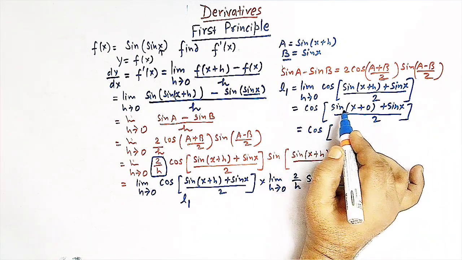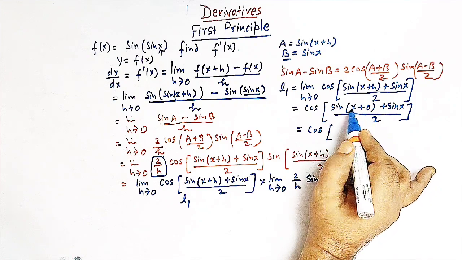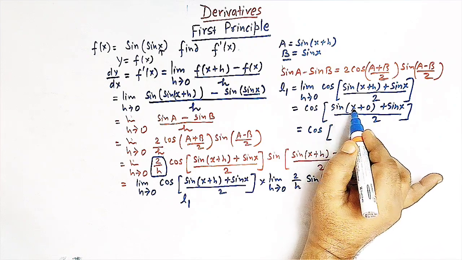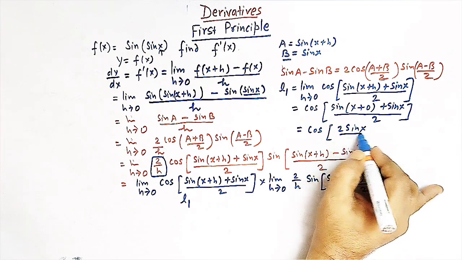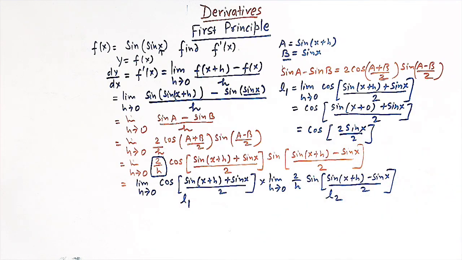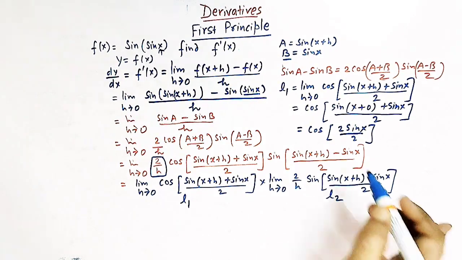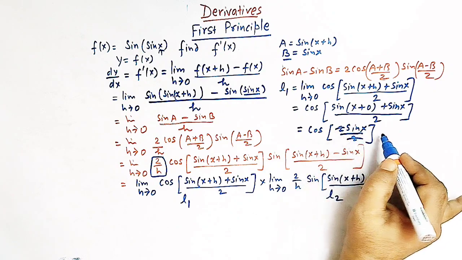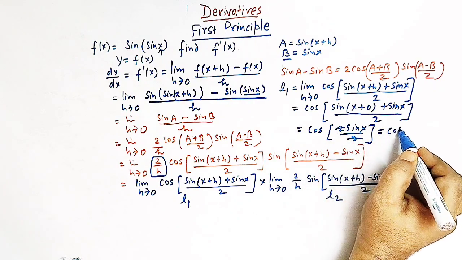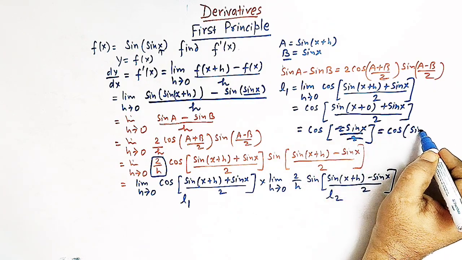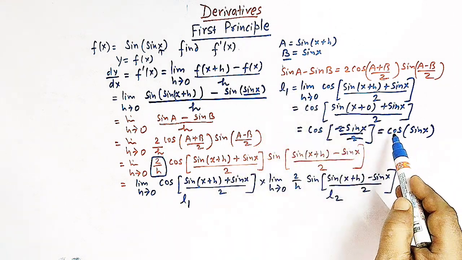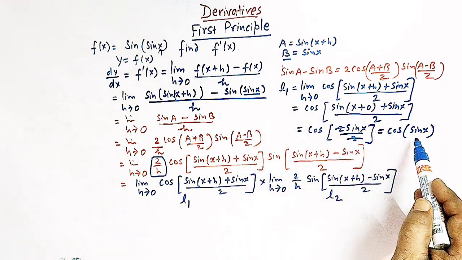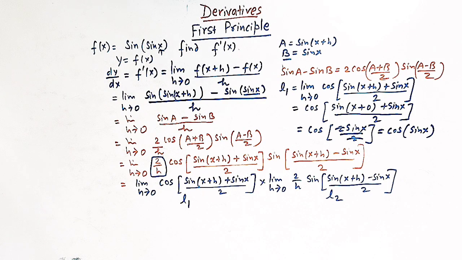Cos, we have sine x plus 0 is sine x. So we have sine x plus sine x, that is 2 sine x divided by 2. So now we can cancel 2 and 2. So we are left with the cos of sine x. So the value of the limit L1 is given by cosine sine x.